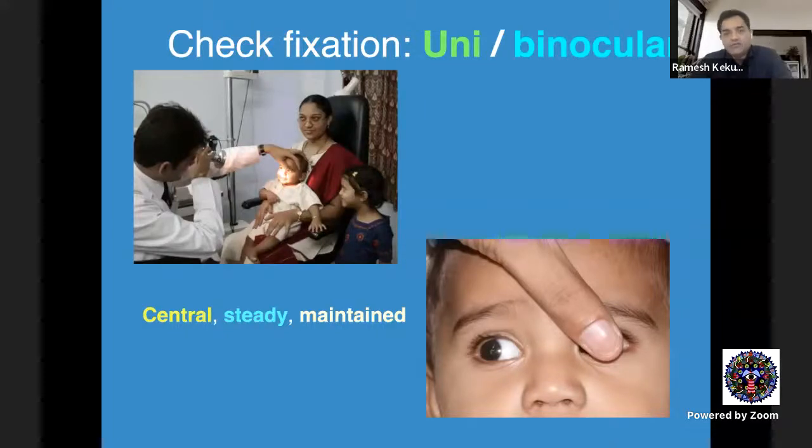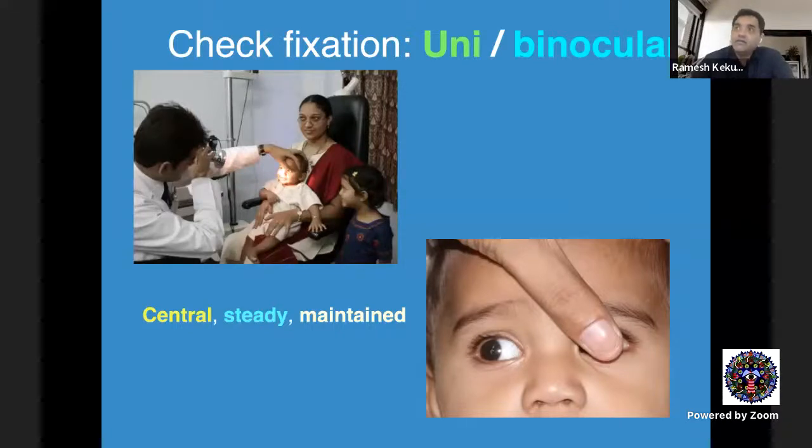In infants and toddlers, you cannot separate visual acuity estimation and strabismus evaluation. They go hand in hand, both uniocular as well as binocular.